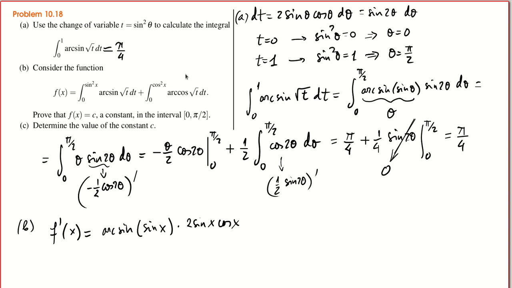We have to do the same thing here, so we have plus the integrand substituted at cosine square of x, but the square root of cosine square is just the cosine, so we have the arccosine of the cosine of x.